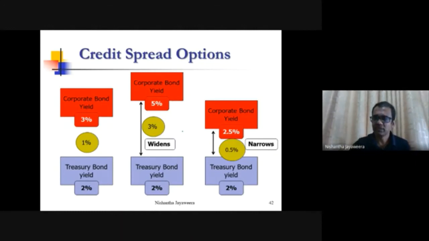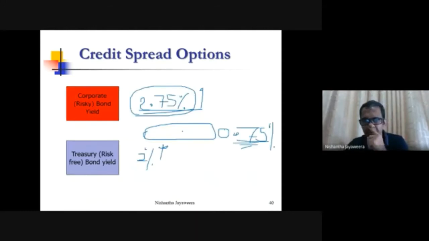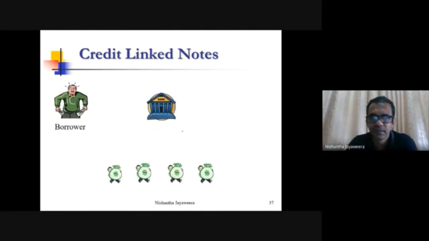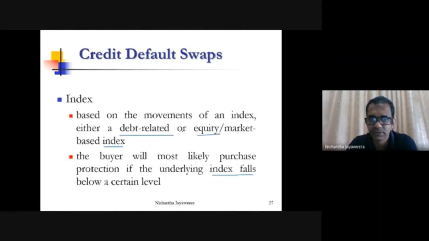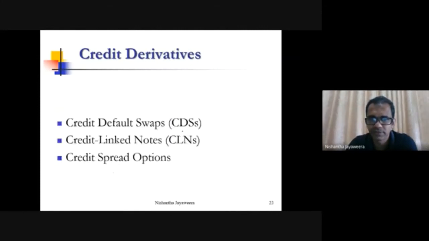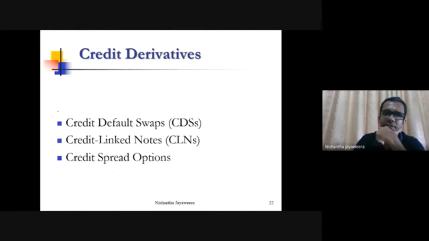So those are the three products. They are to protect credit risk. Three types of credit derivatives available in the market.